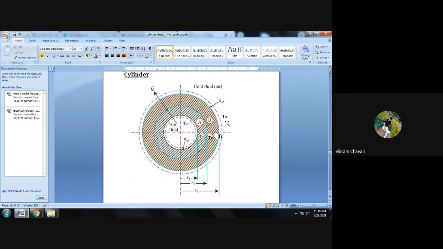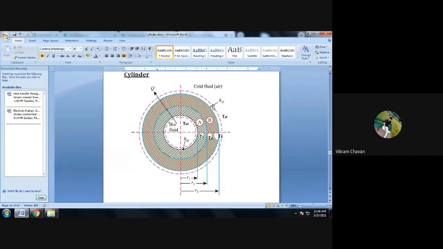So that fluid we consider as a cold fluid. The internal fluid we considered as hot fluid, and the external fluid as cold fluid, having the temperature T suffix CF.